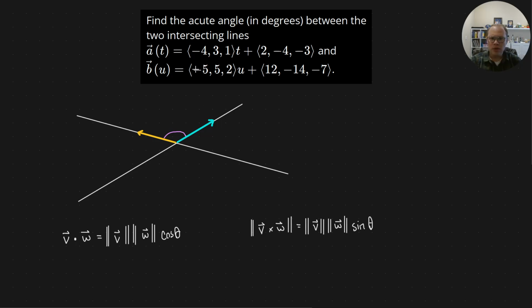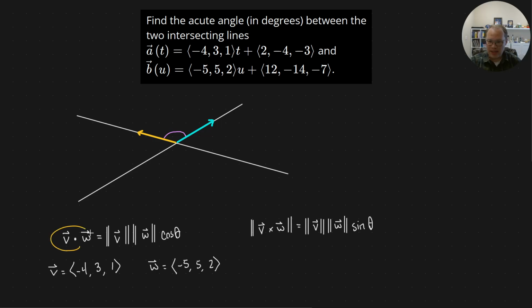So we'll let this first guy be V. V will be the direction vector for our first line, -4, 3, 1. And vector W, I'll make that the direction vector for our second line. That's -5, 5, 2.